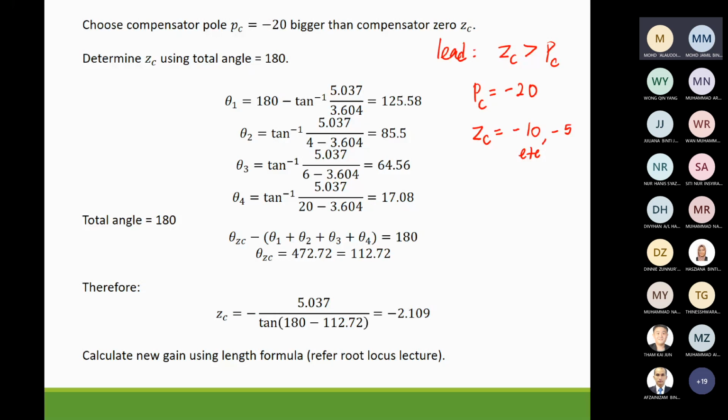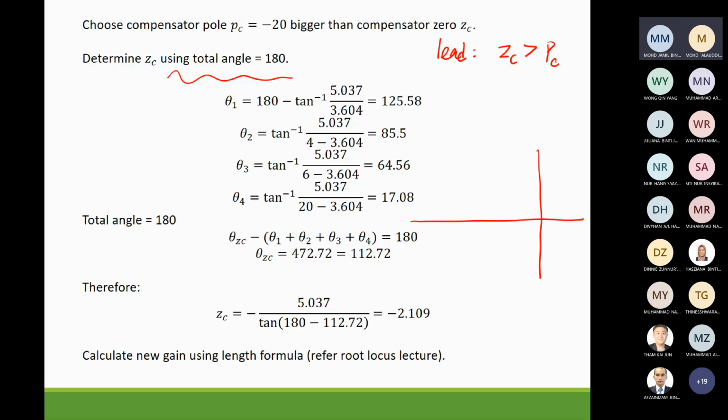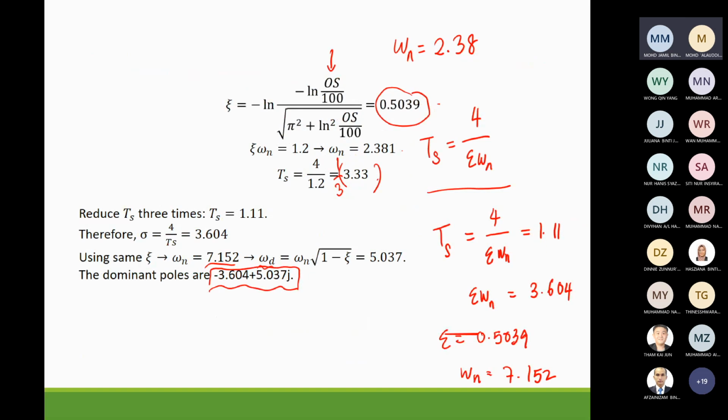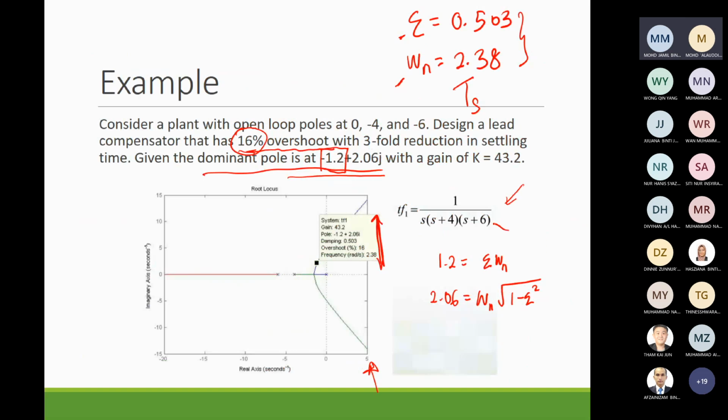Okay. So you are given PC, and you need to determine ZC. To determine ZC, we need to use the concept of angle. The total angle will be 180 degrees, the angle made from the poles and zeros to the new dominant pole. Firstly, you can plot all of the poles on an s-plane. Look at this transfer function: you have poles at s equals 0, -4, and -6.